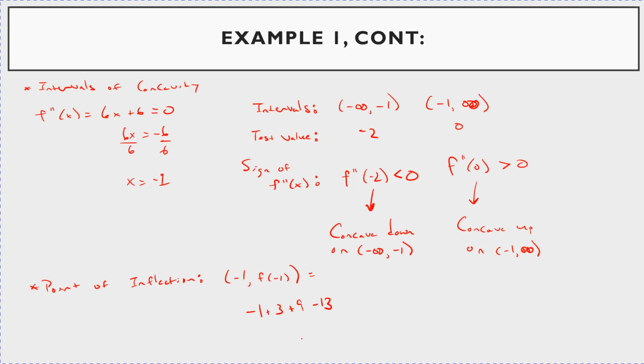So this gets me 2 plus 9 minus 13. So 11 minus 13 gets me minus 2. So the point of inflection occurs at this point, -1, minus 2. Sorry for skipping ahead there.